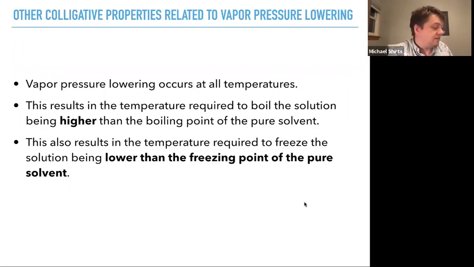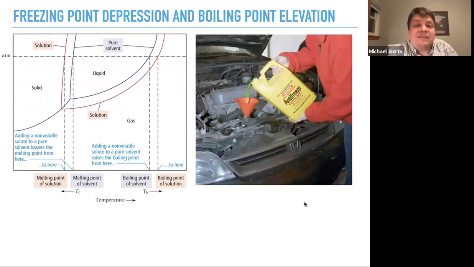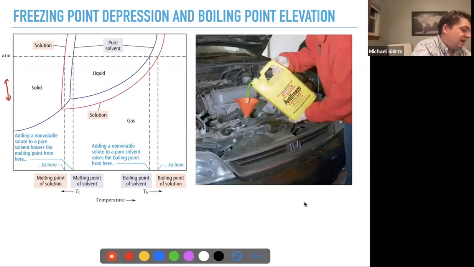Yeah, so if you look at a chart like this, here we've got pressure on the y-axis and temperature on the x-axis, and you have a phase diagram with pure solvent. In solution, what you'll be doing is making the liquid more stable. So it will freeze at a lower temperature, and it will boil at a higher temperature.